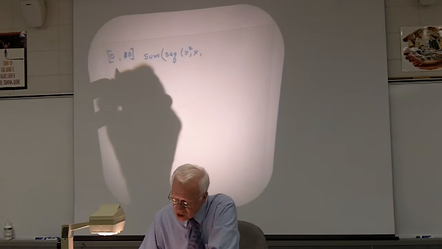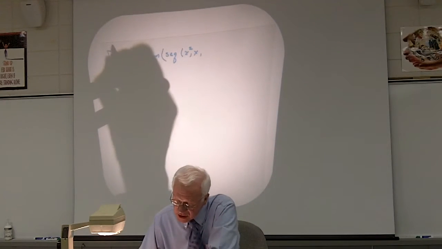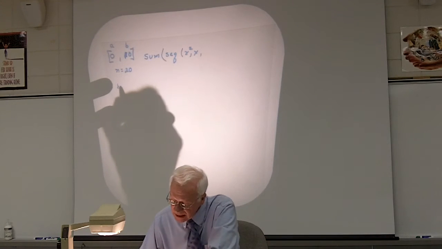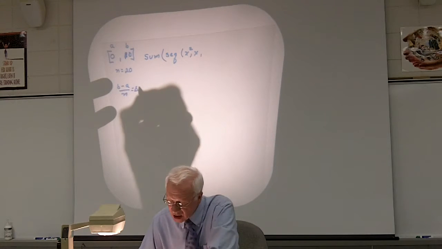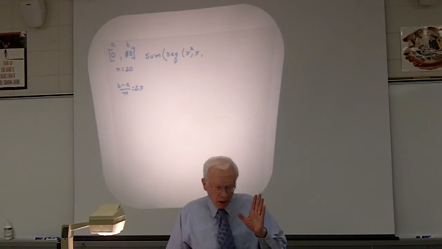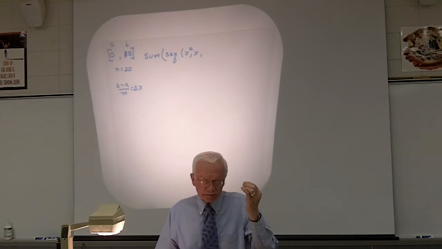Okay? And so in this case, we have this. And this is important. This is like in our problems an A, and this is a B. So B minus A over N equals our delta X, which is 0.5. Now we're going to do the easy one first.